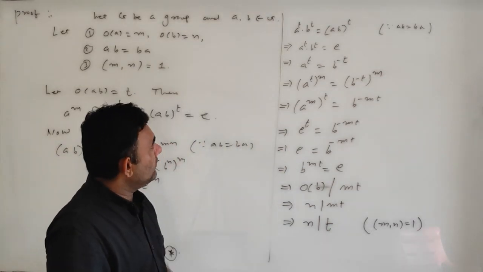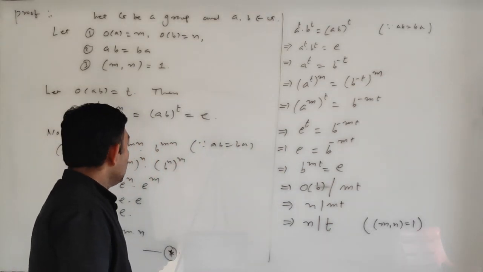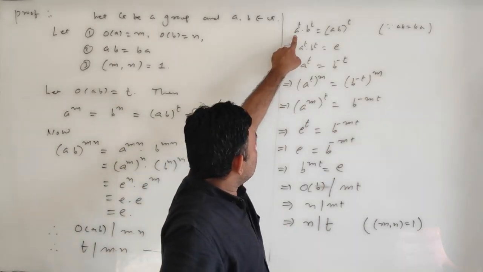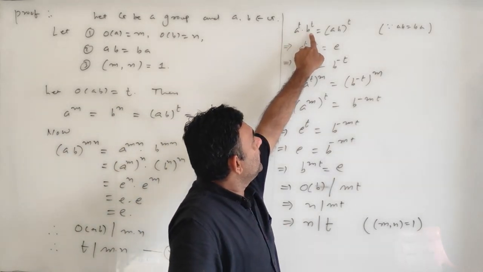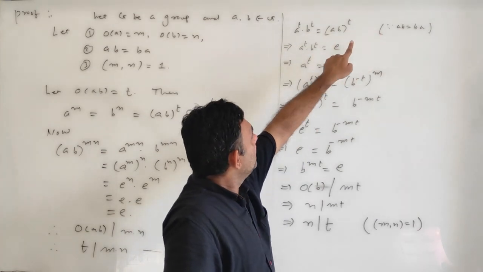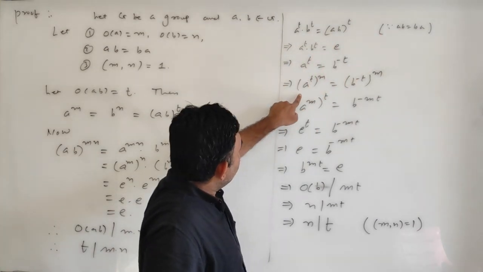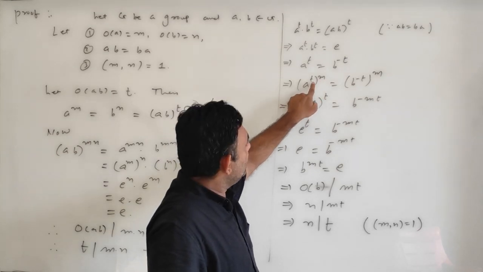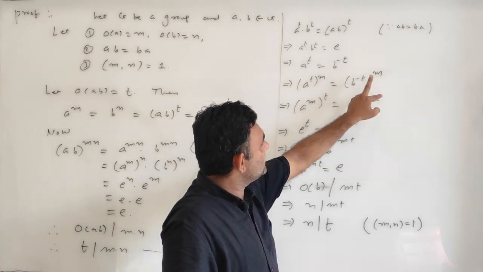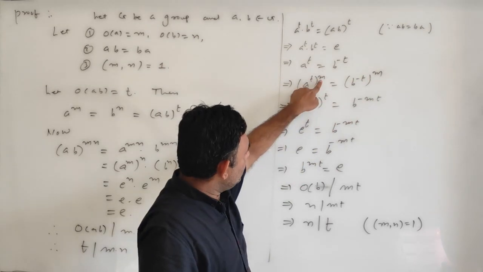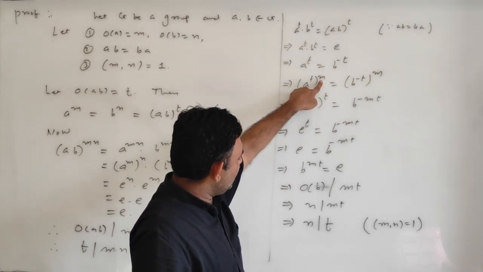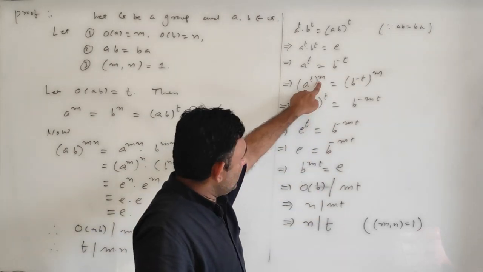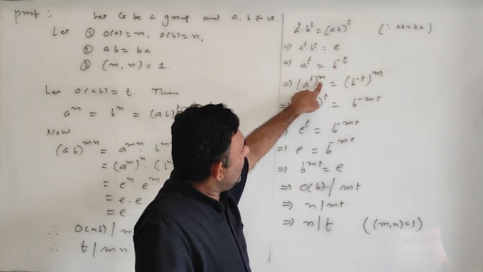So let us see what happened from here to here. If I start with A raised to T, B raised to T is equal to AB raised to T, and then I raise both the sides to the mth power, A raised to T raised to m, then I get n divides T. Instead of m, I may consider n also.